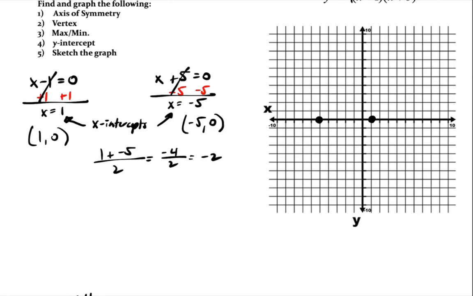So the halfway is -2. That's my axis of symmetry. -2.